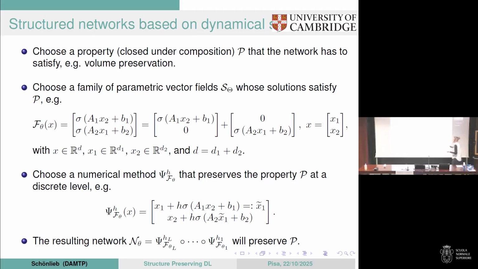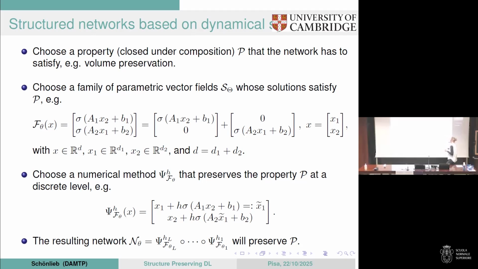It appears by choosing a numerical method to parameterize your residual neural network that you know preserves this property. So you choose a property like volume preservation, and you choose a family of parametric vectors, written in a way that fits the volume preserving numerical method.